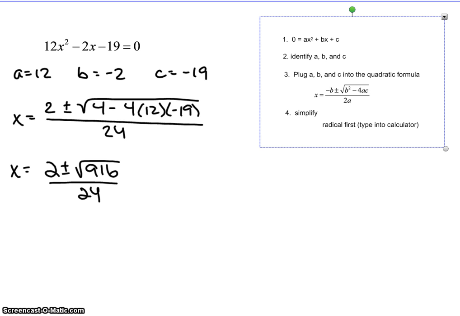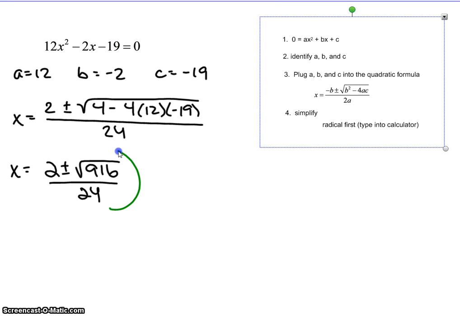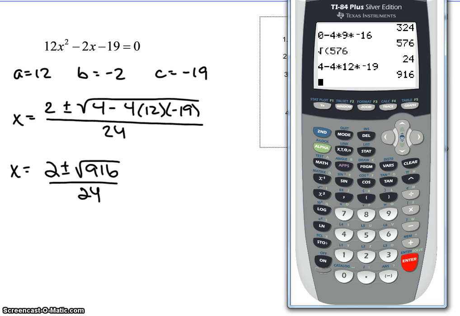So when I look at the square root of 916, if I go into my calculator and try and figure out what it is, as soon as I see that it's not an integer value, a whole number value, it's not a perfect square, what I need to do is break it down.